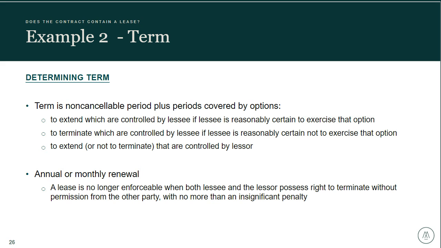If you're having to pay a significant portion of that contract out with the penalty, that's economically not what either side is going to want to do, and you have to assume they're not going to do it. So again, if that right to cancel or terminate from both sides is without a significant penalty, that kicks it right out of the leasing standard.